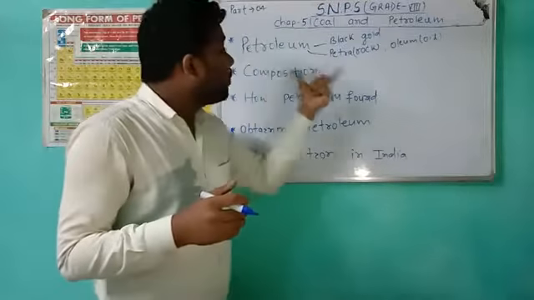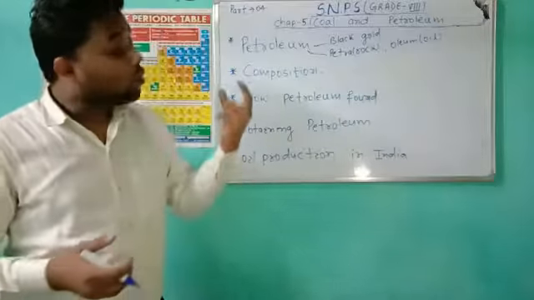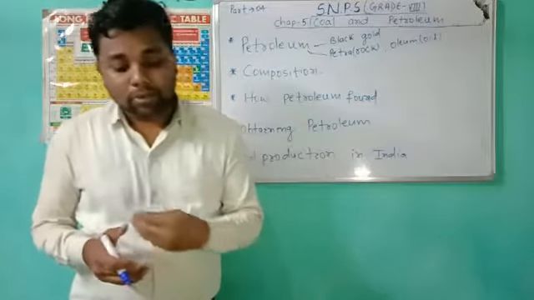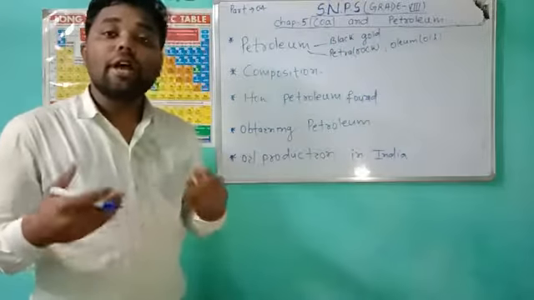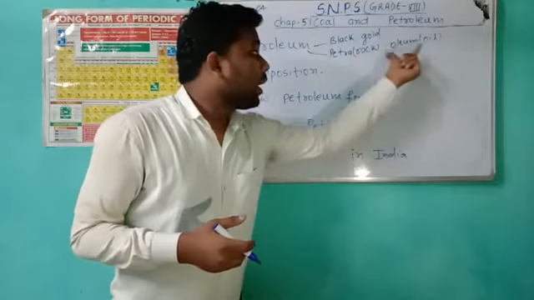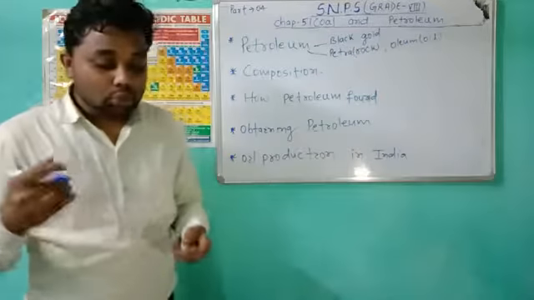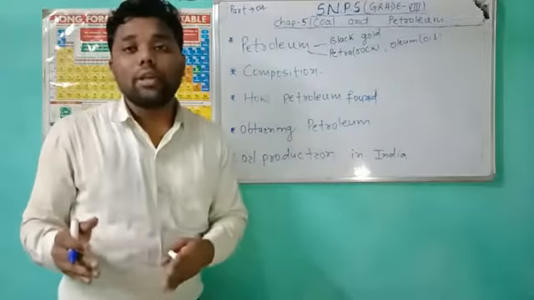So the combination of petra and oleum is called rock oil. Clear? Petra means rock and oleum means oil, so this is also called rock oil.